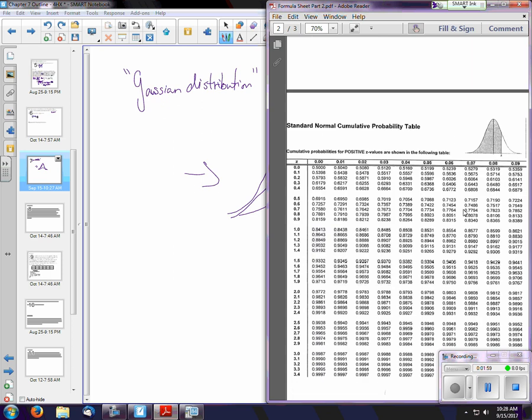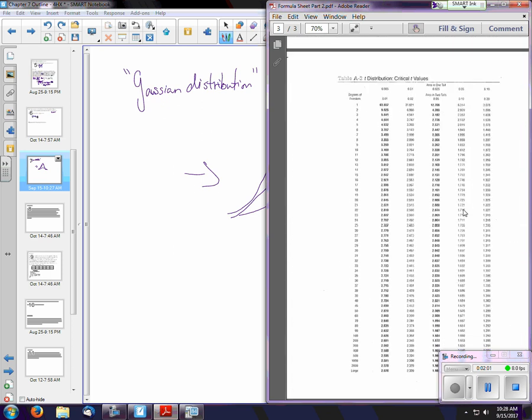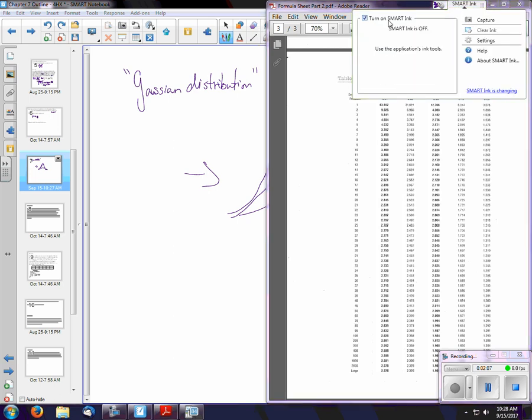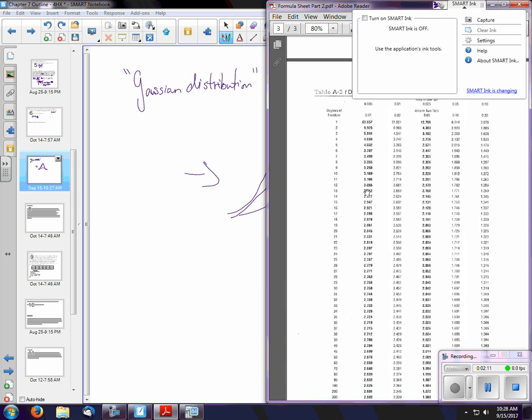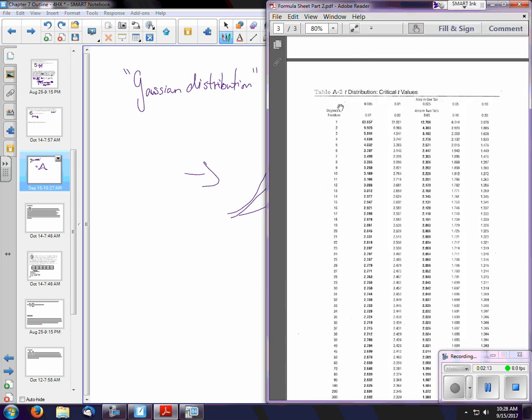If you look in your formula packet, you have an entire table dealing with your t-distribution. This is the t-distribution of critical values. On this table, you'll see a bunch of information, but it's all based off of what we call degrees of freedom, and then the area in the tail. You can also use your graphing calculator to get these values, so don't fear if you're having trouble wrapping your mind around this.